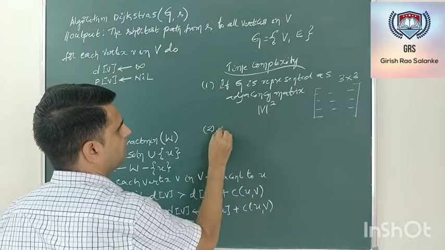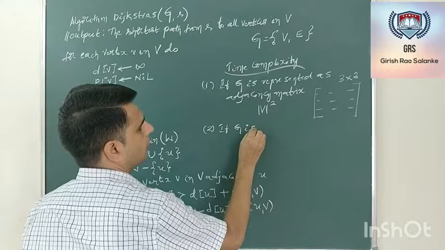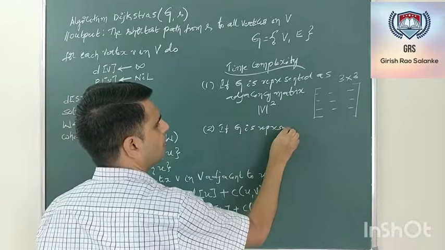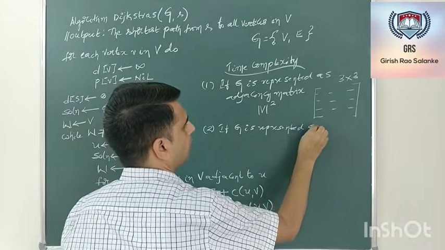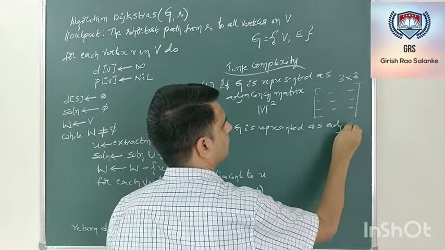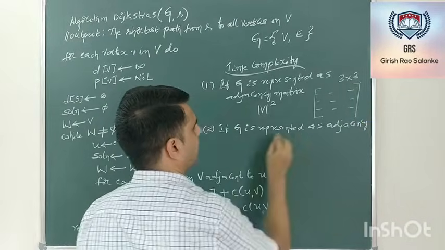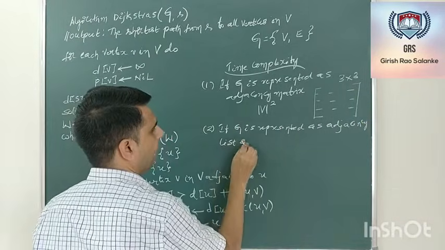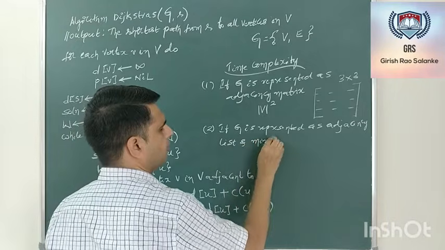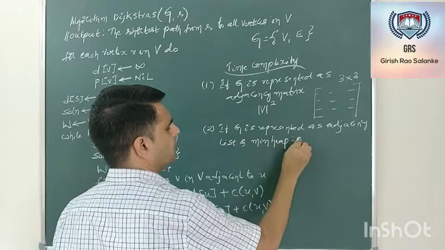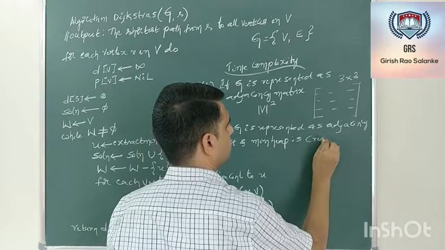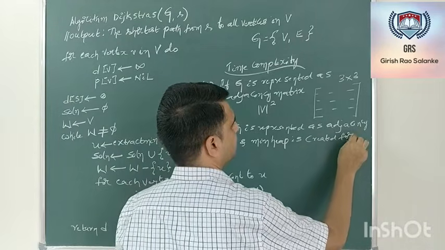Second one is, if G is represented as an adjacency list and a min heap is created for all the edges.